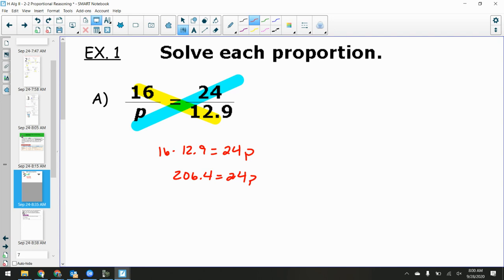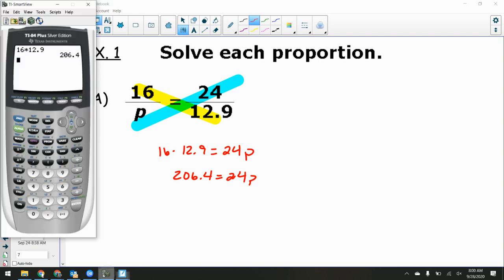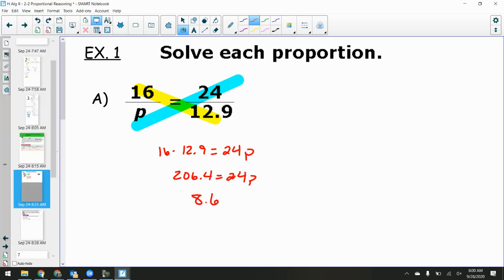And then to solve this equation, I just divide by 24 over to the other side. 206.4 divided by 24 gives us 8.6. 8.6 is equal to P. Questions there? Not too bad, right? Take a look at the next one.